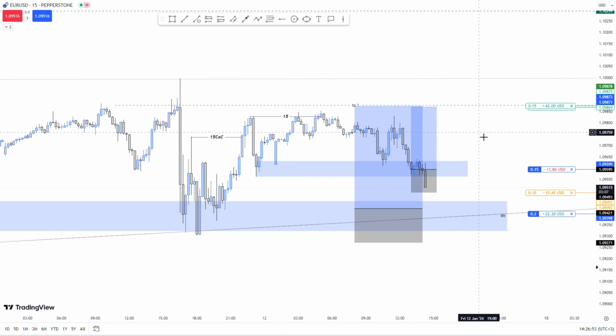Unfortunately, the price did not hit my TP1. It came so close, a few pips to my TP1, as you can see. My TP1 was just there, and then a few pips to my TP.